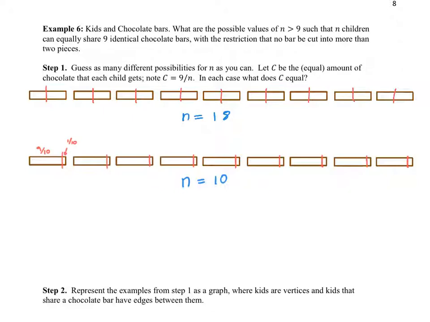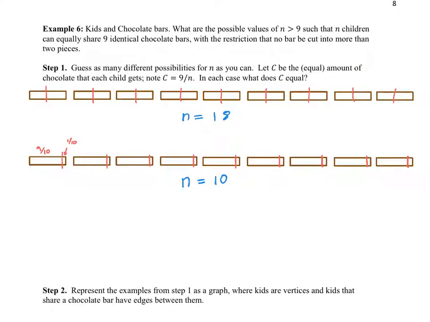Our job is to find all of the possibilities. So there might be some more out there. We're going to use some graph theory to help us out. Now, before we flip to the next step in our problem, this is step 1, I would like to write down this number C. So C in the problem represents the equal amount of chocolate.